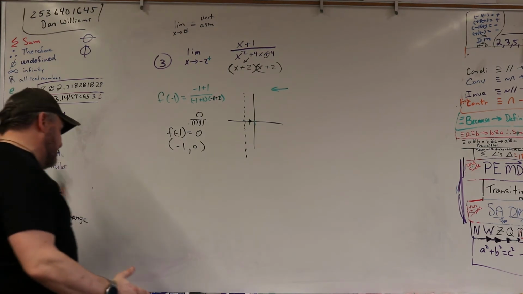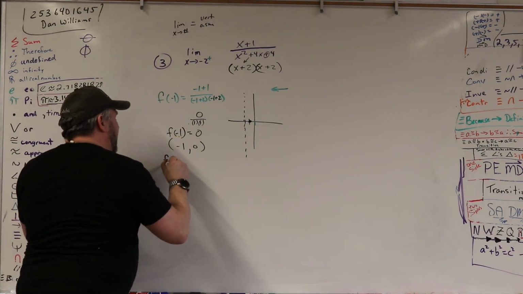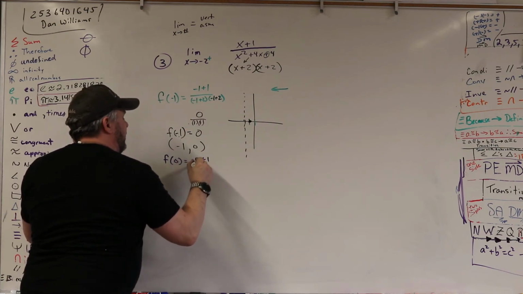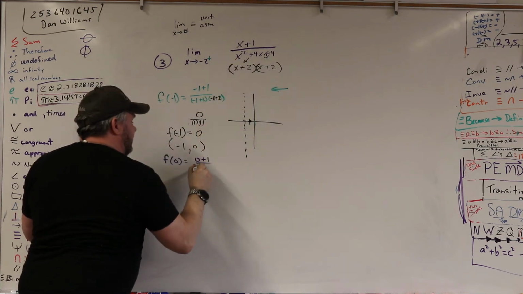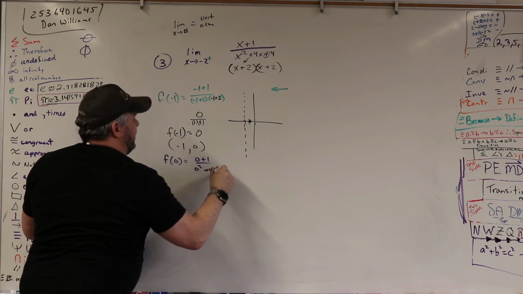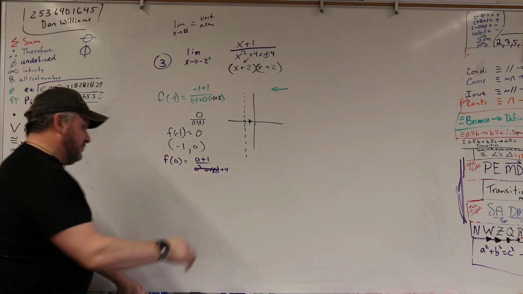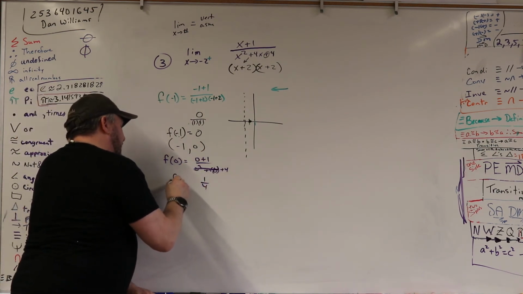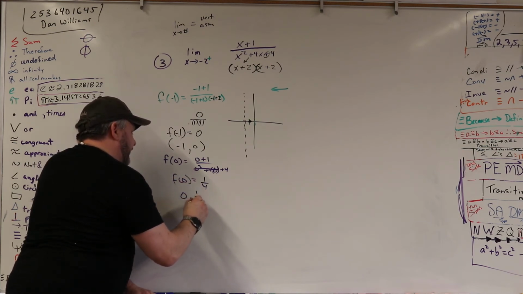So f of 0 is equal to 0 plus 1 over, let's throw it in this one, 0 squared plus 4 times 0 plus 4. Well, these cancel because it's just 0. 0 plus 1 is 1, so that's 1 over 4. So f of 0 is equal to 1/4. So it's got 0 and 1/4.